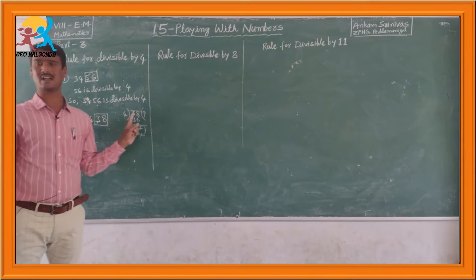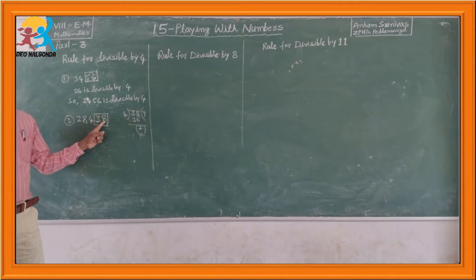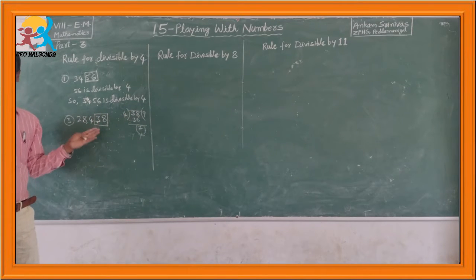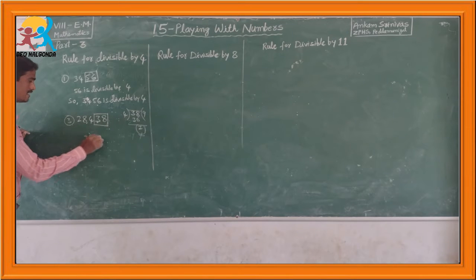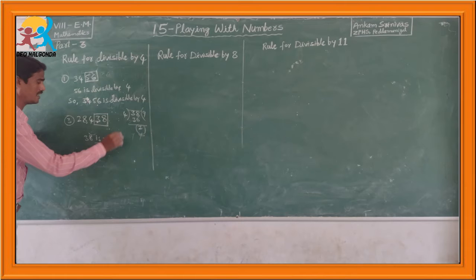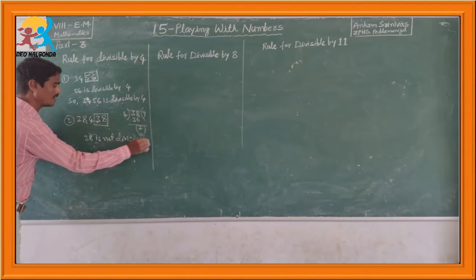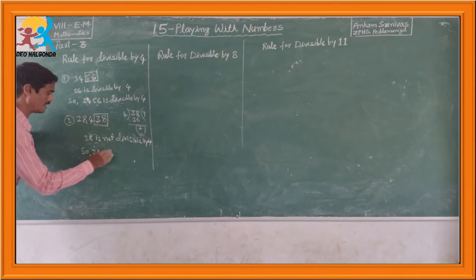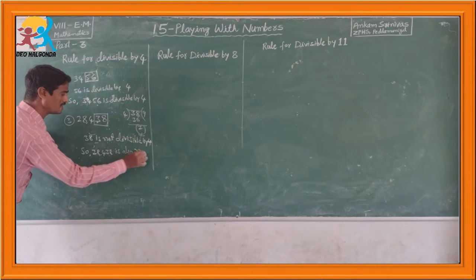So the remainder is not 0. So 38 is not divisible by 4. So the given number is also not divisible by 4. Clearly we can write here, 38 is not divisible by 4, so 28,438 is also not divisible by 4.